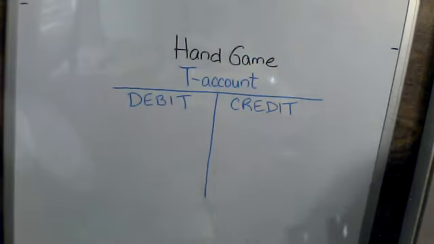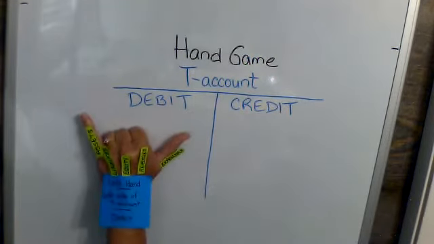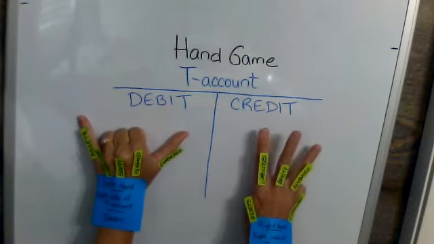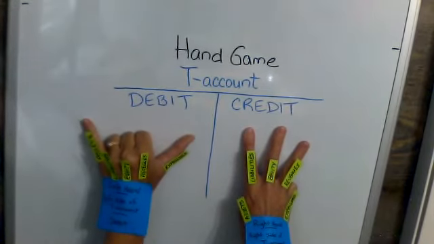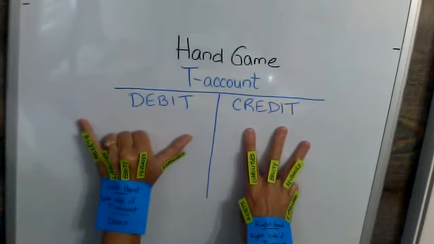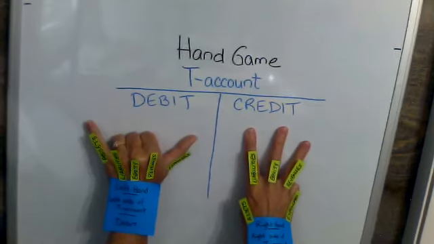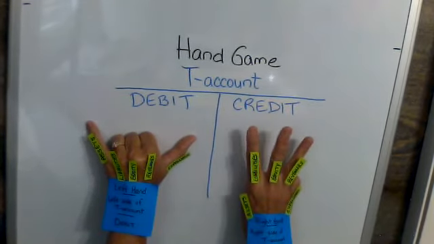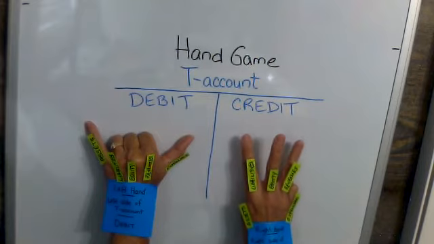Looking at the T account and using our left hand, putting it in the form of a hang 10, and our right hand in the form of the three middle fingers pointing up, our left hand is always the left side of the T account, which is always, always, always a debit side of the T account. And our right hand is the right side of the T account, which is always the credit side of our T account.